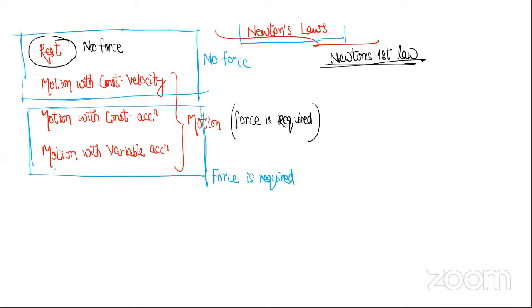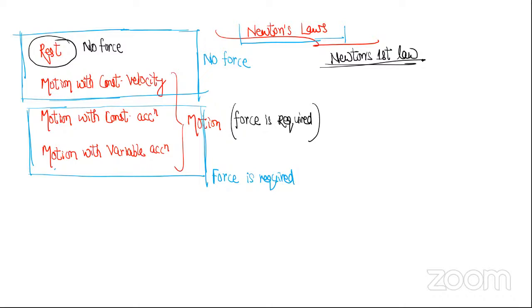Net force is 0. So Newton's first law talks about that. Then the body will remain at rest or move with constant velocity. या फिर उल्टा, if you are observing that the body is at rest or moving with constant velocity, the body is not accelerating, that means net force is 0.